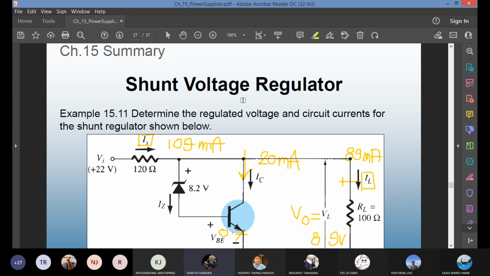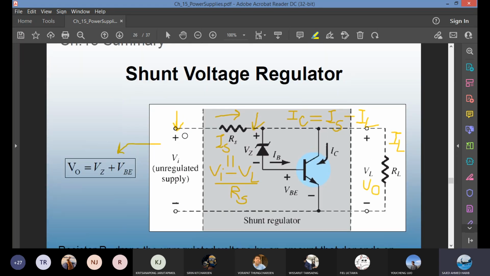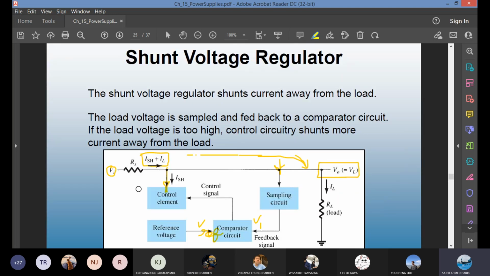Teacher, IS is the current for the shunt, is it? IS is the main current. The one you're seeing from the shunt is ISH that goes to the bypass. IS is the main current, which will include the current that is reserved both for shunt and for IL.